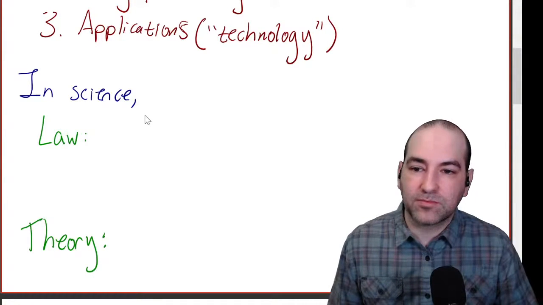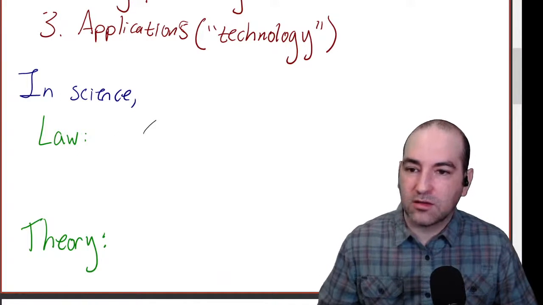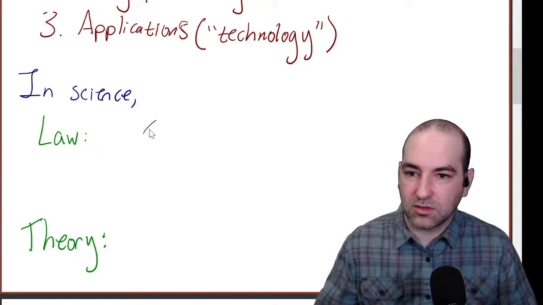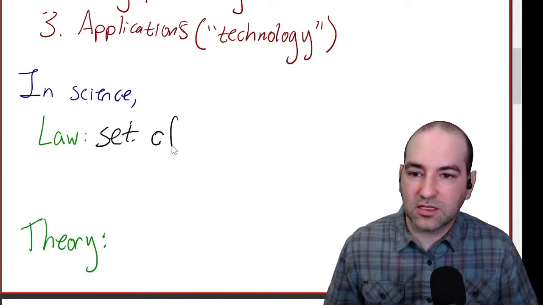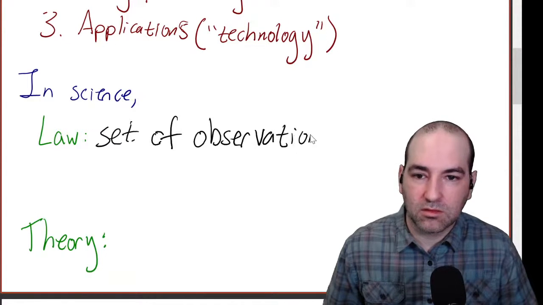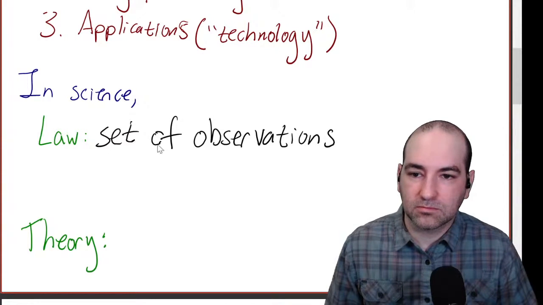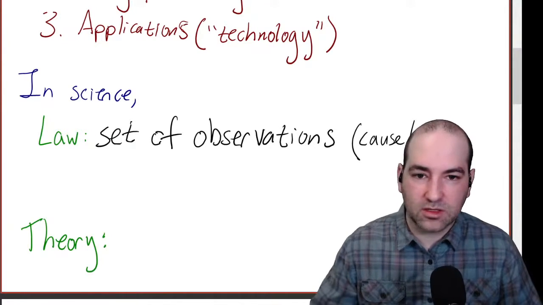So in science, a law is, hold on. Okay. In science, a law is a set of observations that generally, well, let's see.